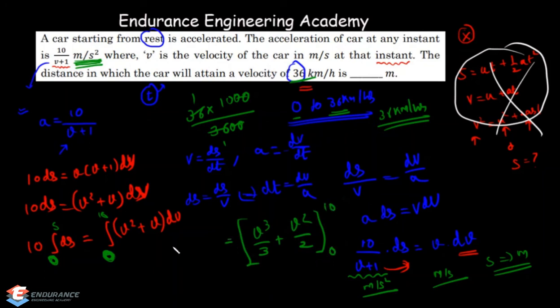That's going to be equal to 10 into s, s minus 0. Now solve this: substitute the 10 here, take LCM, find the value, and then bring that 10 to this side. So finally I'll be getting 38.33 meters.